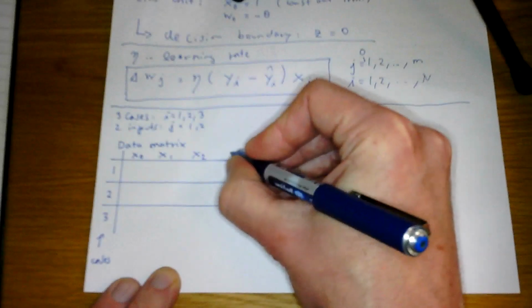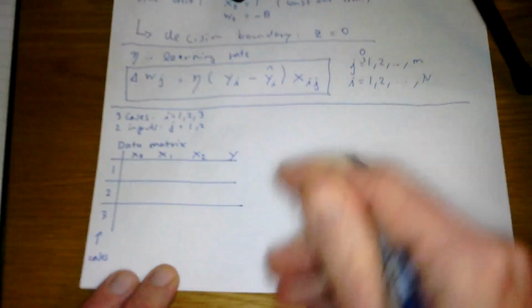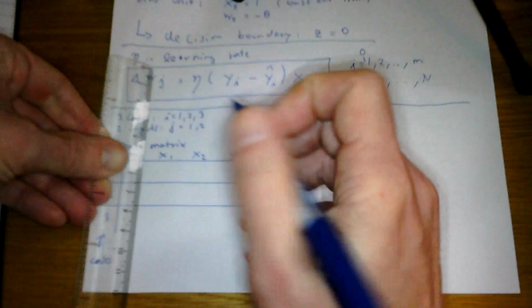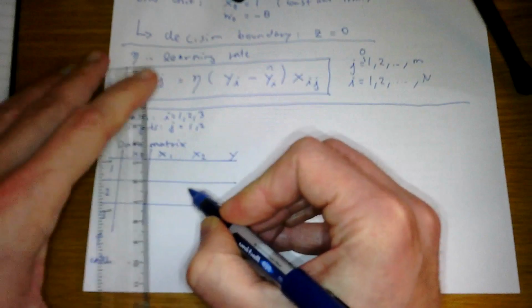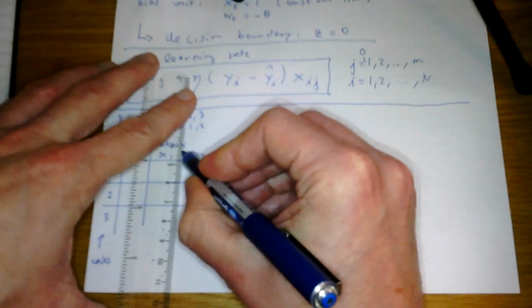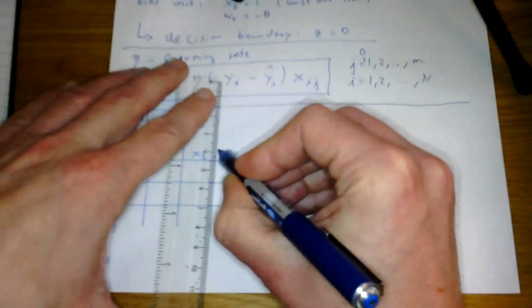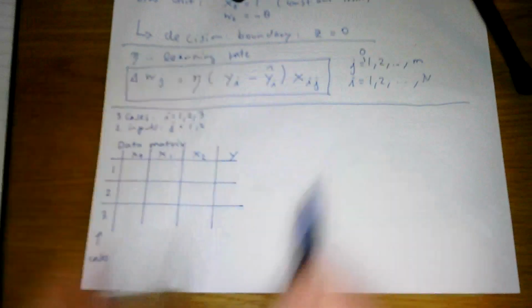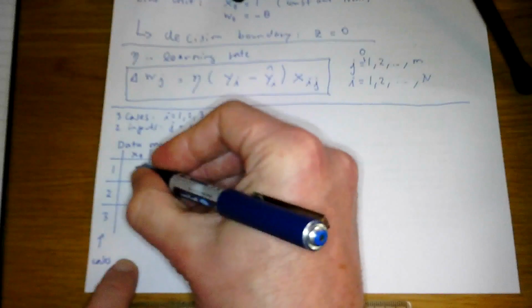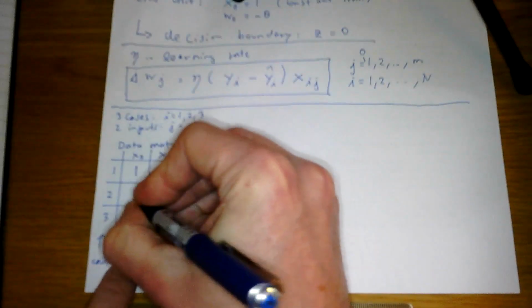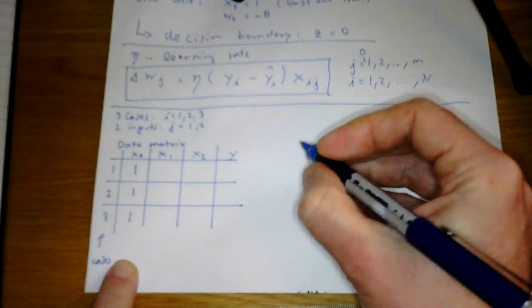Then we have our y, which is the observed actual classification, which we know in this case because we are in our training data. Now the first observation, of course, gets a base of 1. Everyone gets a base of 1 because that's the constant term.